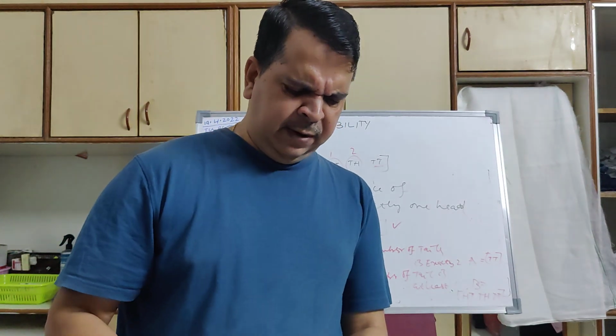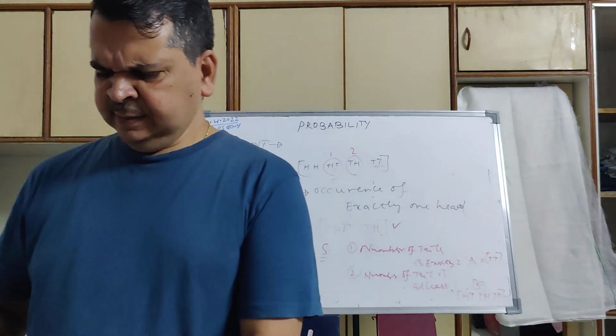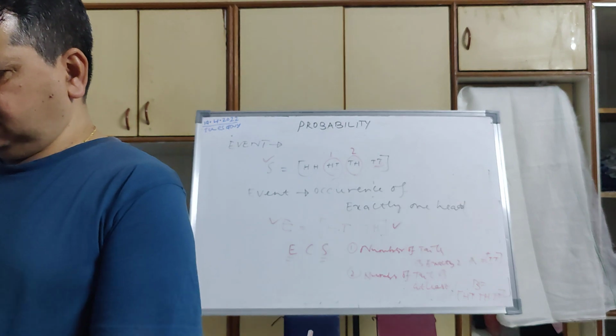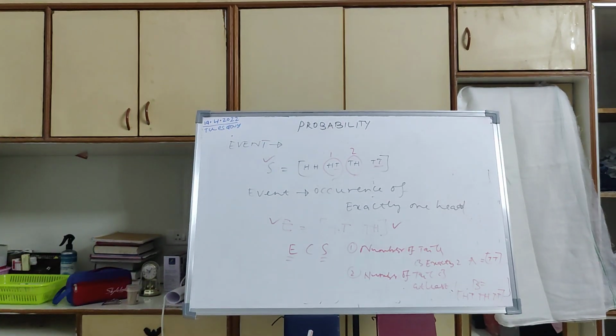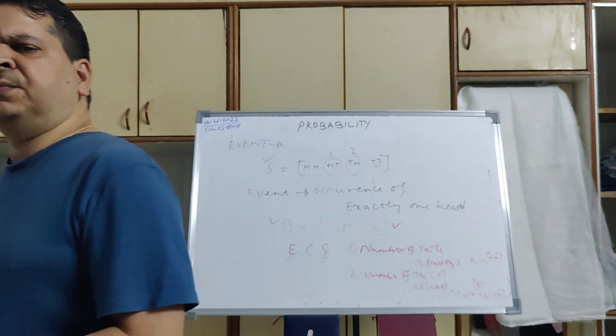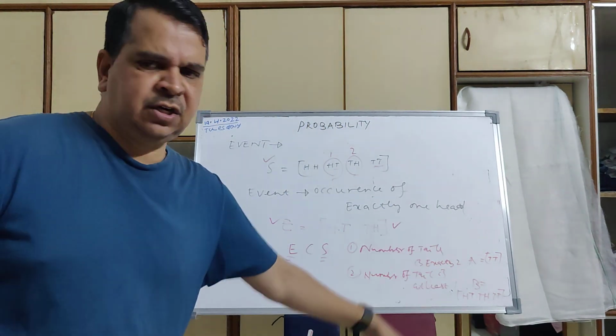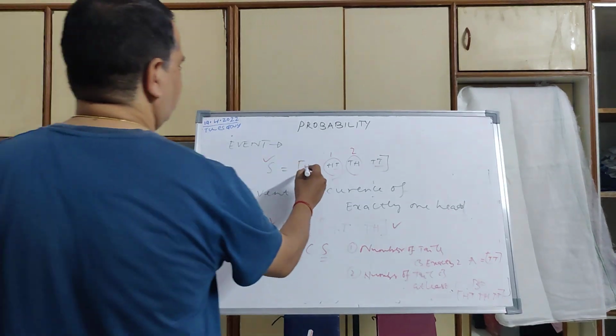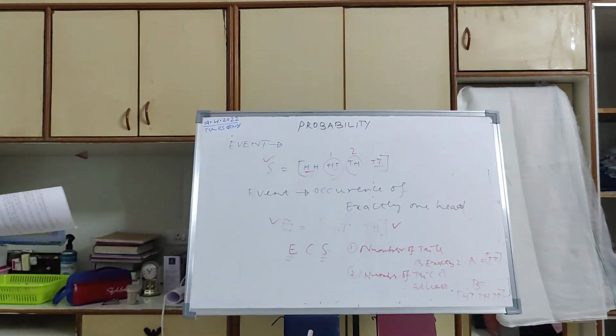Any subset E of a sample space is called an event. Earlier we were telling only this one was a sample point, one point.